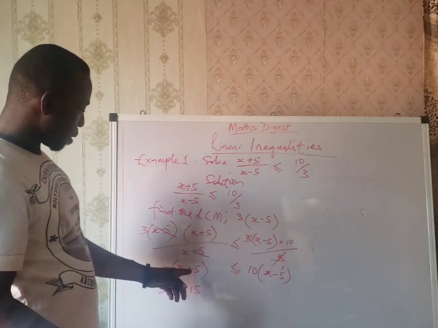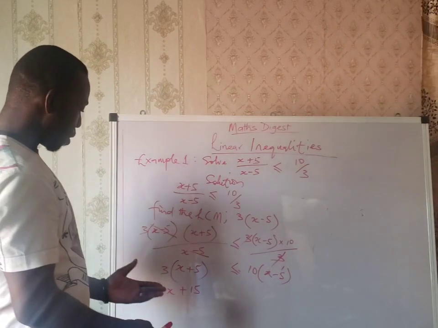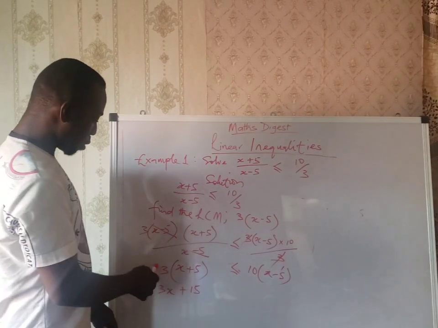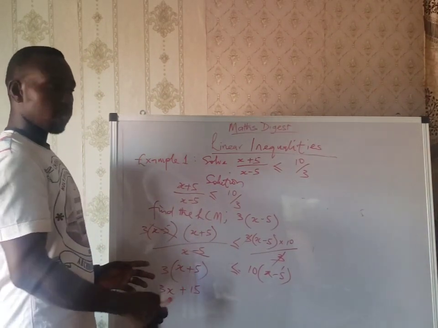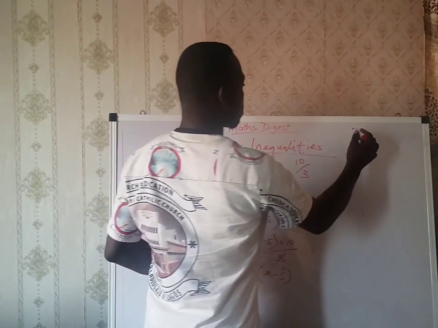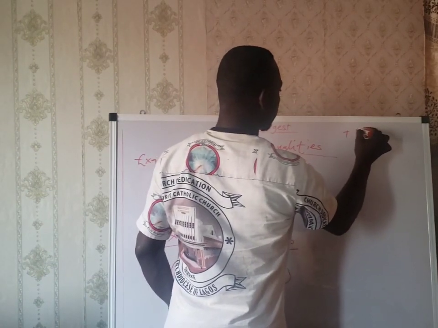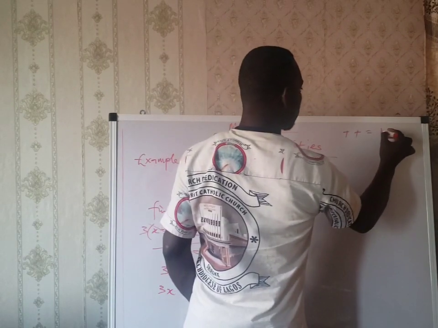The reason why this is positive is because this is positive and this is positive. If the signs are not the same, there is something we apply. When you multiply positive by positive, it gives you positive.